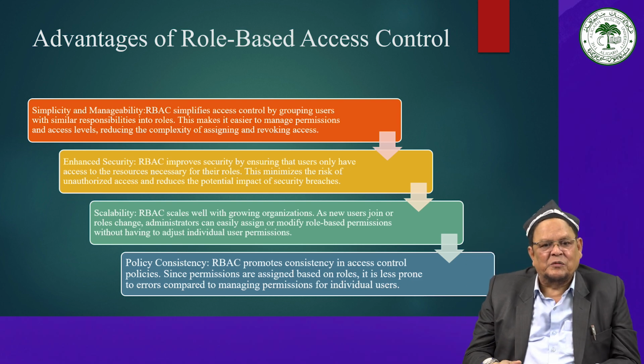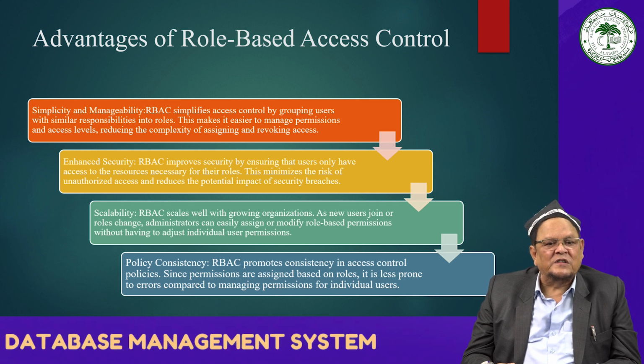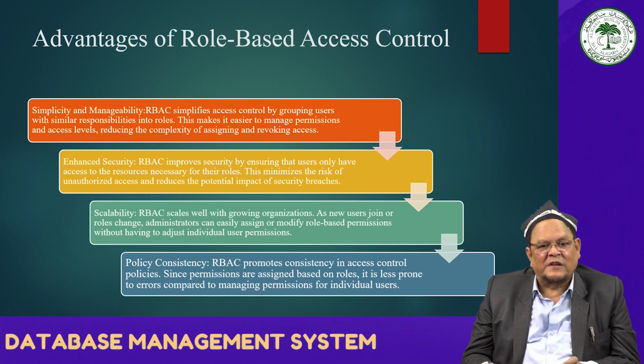Simplicity: RBAC simplifies access control by grouping users with similar responsibilities into roles. This makes it easier to manage permissions and access levels, reducing the complexity of assigning and revoking access.